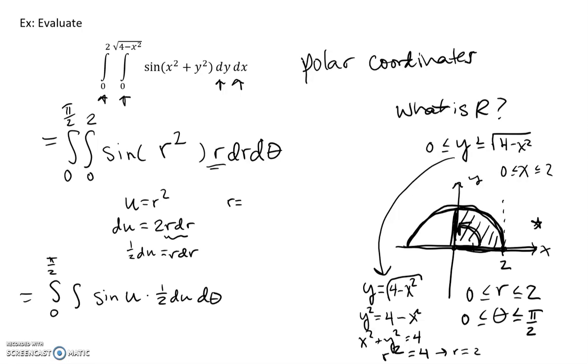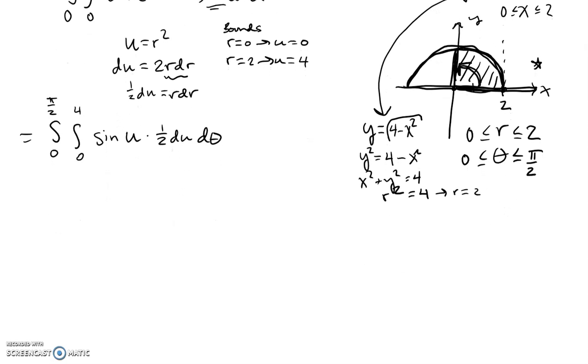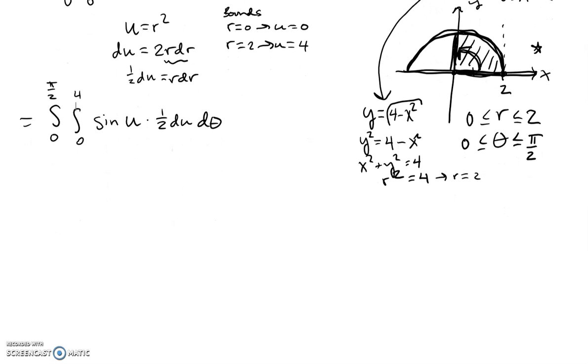So when r was 0 for our bounds, then u, which is r squared, is just going to be 0, and when r was 2, we'll end up with u is 2 squared, so 4. So we're going to end up with the integral from 0 to 4 of sine of u. So then integrating that, now it's just a sine function, so we'll have the integral from 0 to pi over 2.